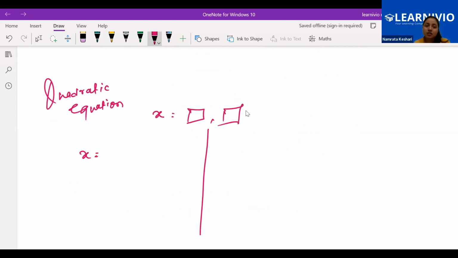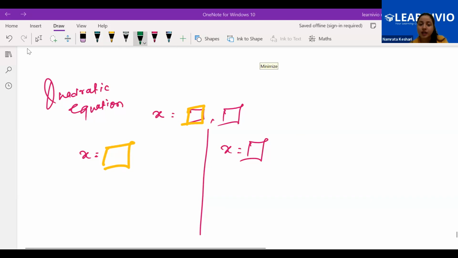If x is equal to this yellow one, whatever number you are getting over here, then what will be the next consecutive integer? And if x is equal to the red one, what will be the next consecutive integer? Are you getting me?